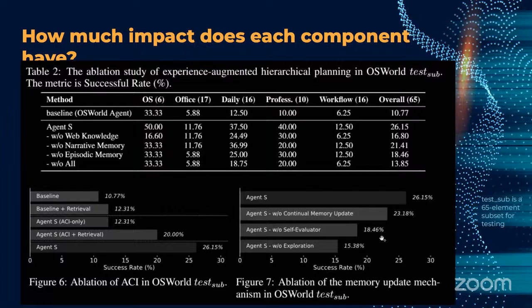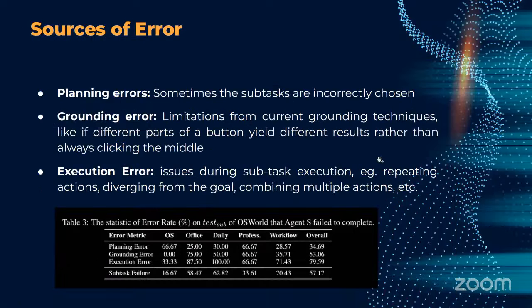And you may notice the percentages don't quite match up with the last slide, but that's because this is run on a small subset that they use for testing due to time constraints.